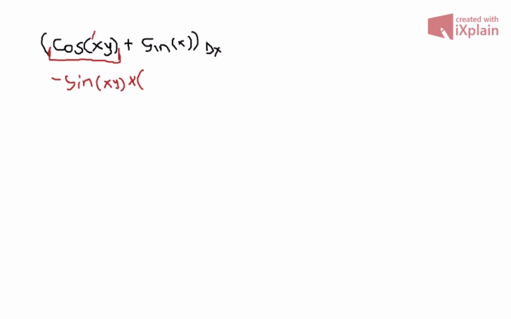You're going to use the product rule to derive what is inside, which is xy. So we find the derivative of x, which is 1, multiplied by the original y, plus the derivative of y, which is just dy over dx, multiplied by x. Plus, then this one will be just cos x.